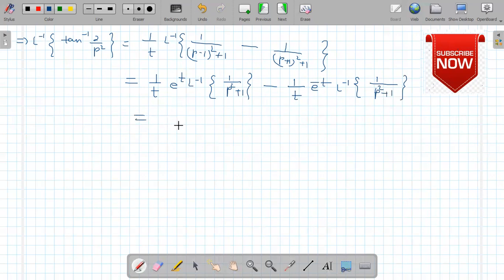So this is equal to 1 upon t e raised to power t sine t, and here it is also sine t.